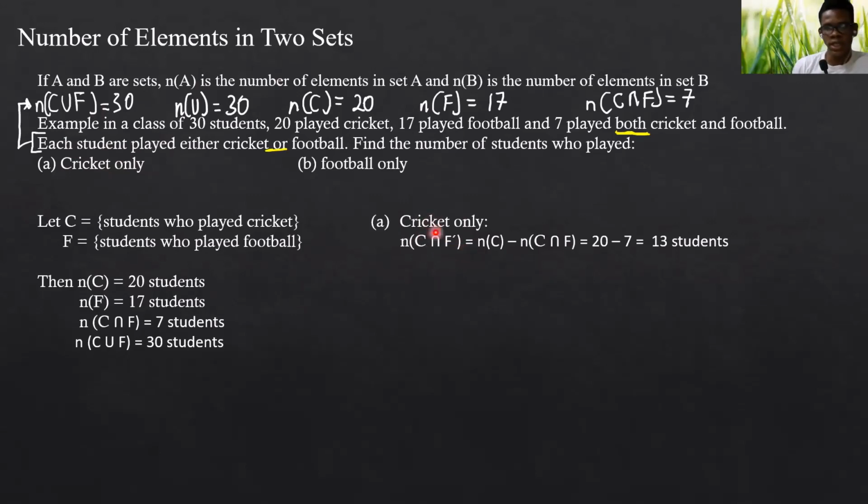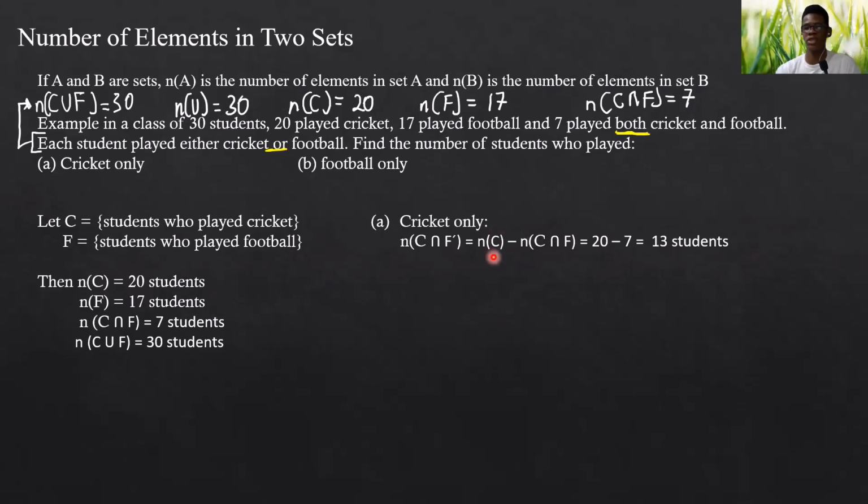Good. So C intersect F complement, this means cricket only, would be equal to the number of elements that play cricket minus the number of elements in C intersect F, right? And that's usually the formula to find the only of any set. You would just subtract the intersect from the number of elements in that set.